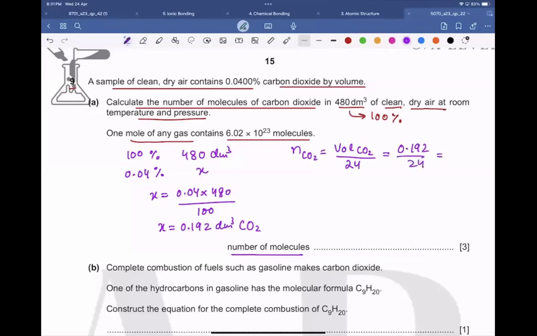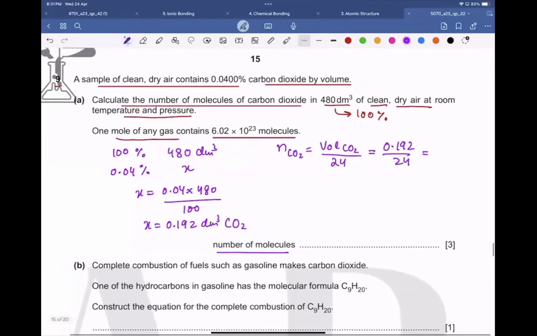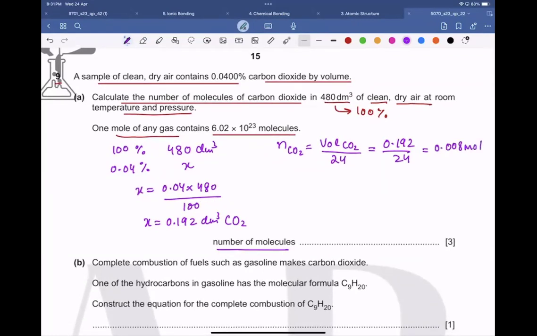Can anybody tell me the answer, please? Yes, very good. It is going to be 0.008 or 8.0 exponent minus 3. These are the moles of carbon dioxide.